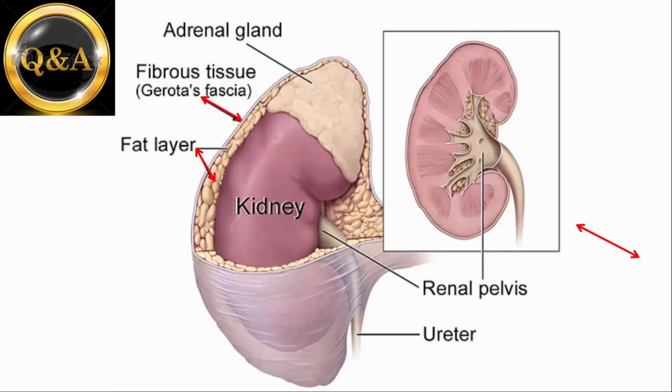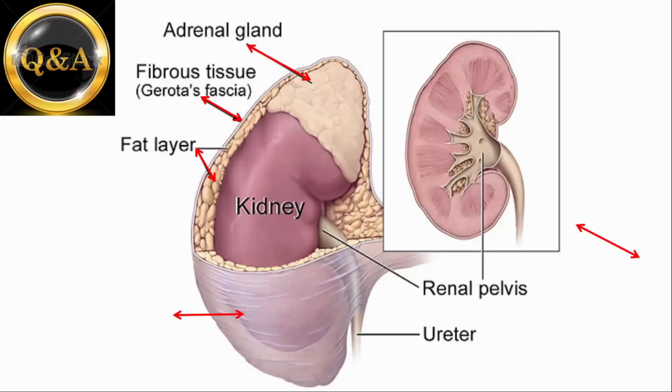And then outside to the perirenal fat we have the renal fascia, which is also called Gerota's fascia, and the structure sitting on the upper pole of the kidney is an endocrine gland called Adrenal Gland, and a better description is the suprarenal gland, the gland that is superior to the kidney.